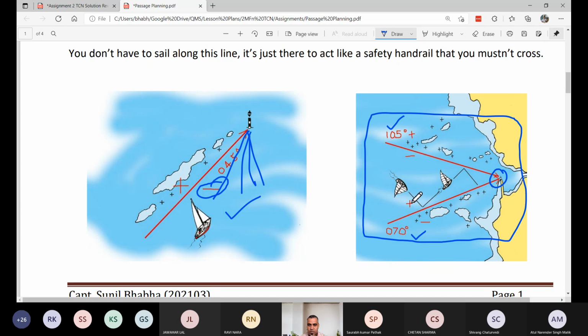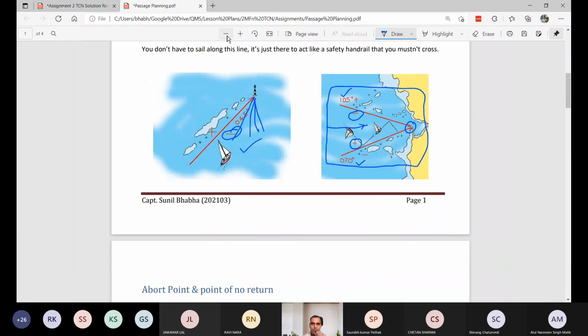So you see, if the bearing of this particular light is more than 070 and less than 105, you are in safe waters. Okay, beta, clear? Yes, sir.